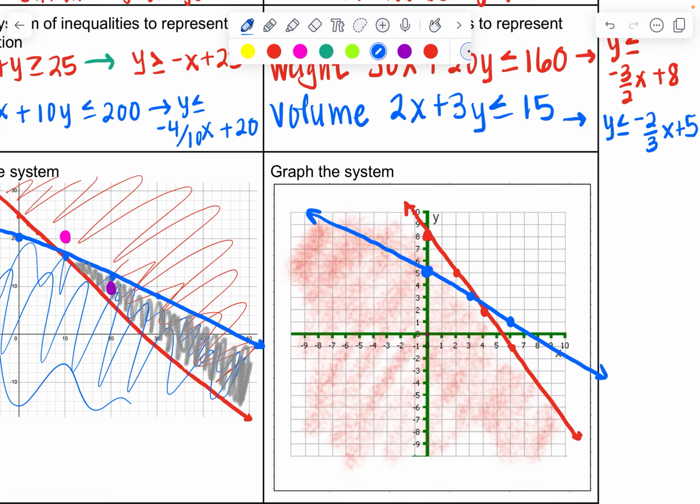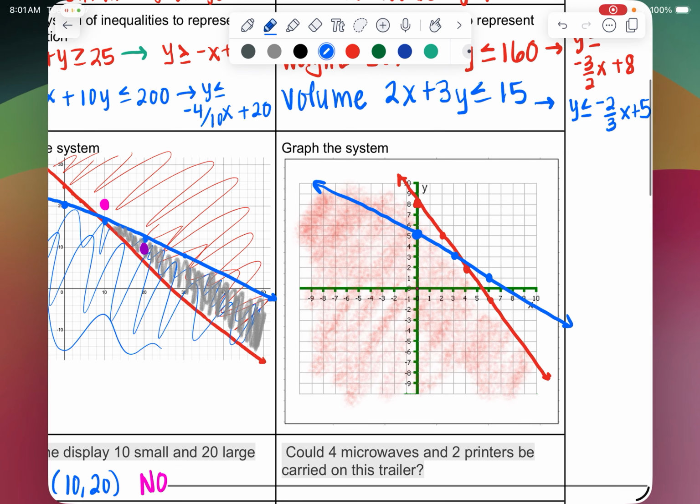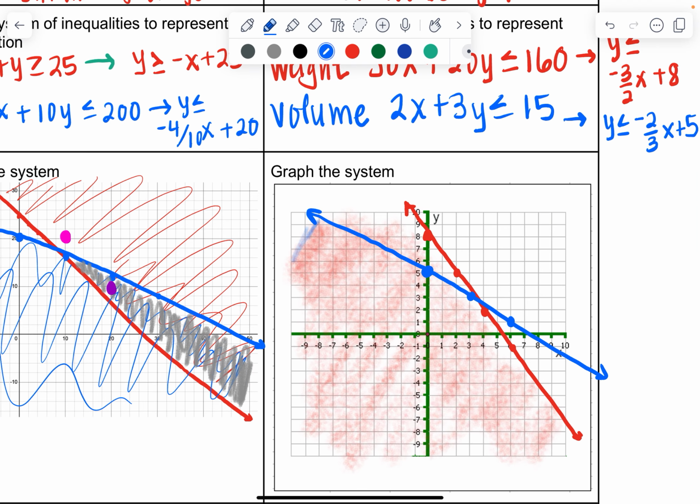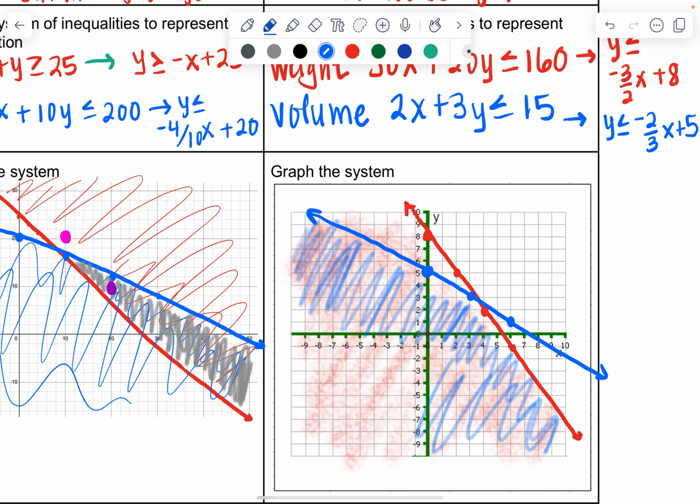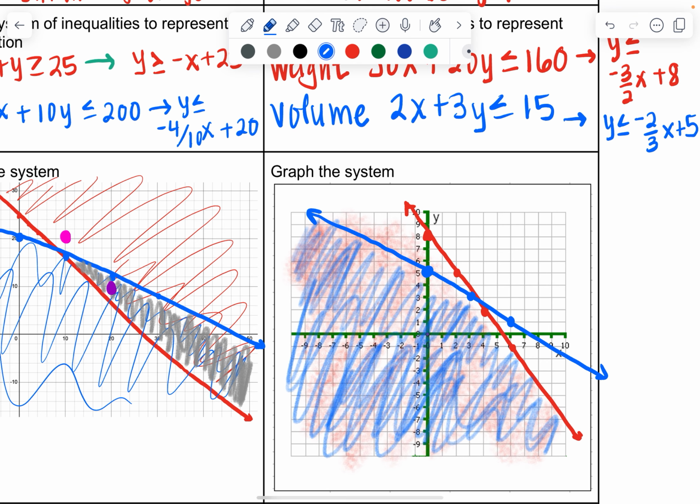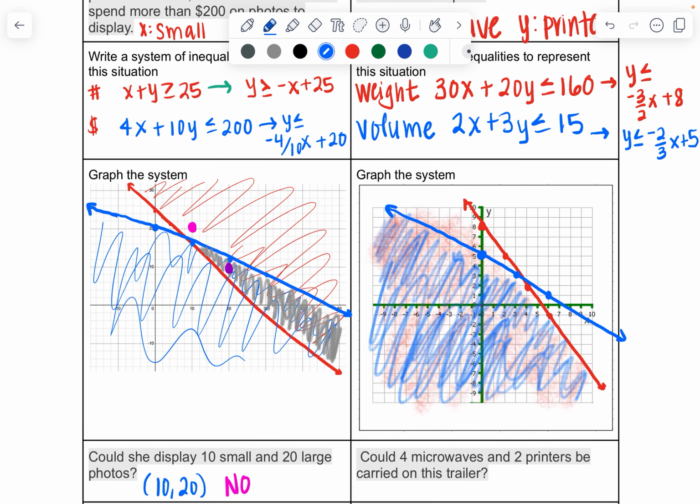And that's also less than or equal to, so we'll shade on this side of the line. So again, everywhere in this overlapping region is a combination of microwaves and printers.